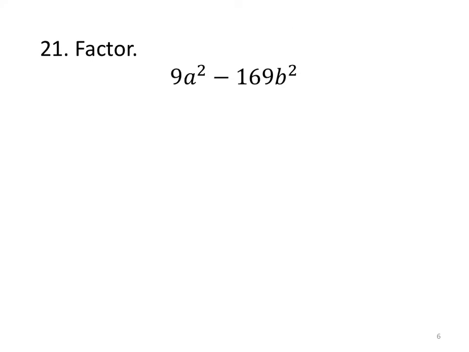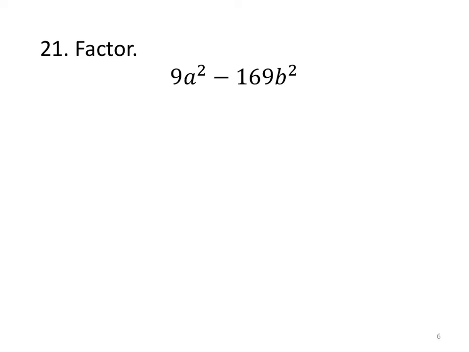In this case, we have 9a squared minus 169b squared, and we know it's a difference of squares if you've done what I told you, which is to go up to at least 15 or 16 to know your perfect squares.